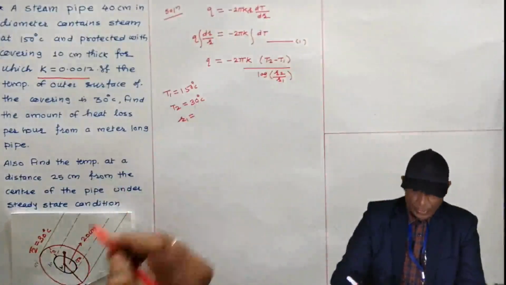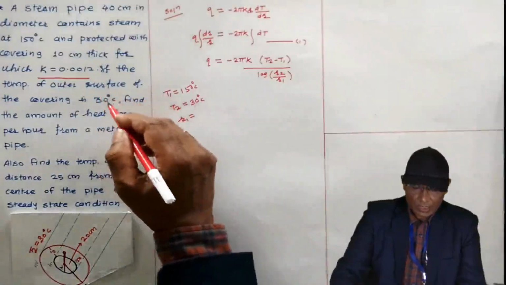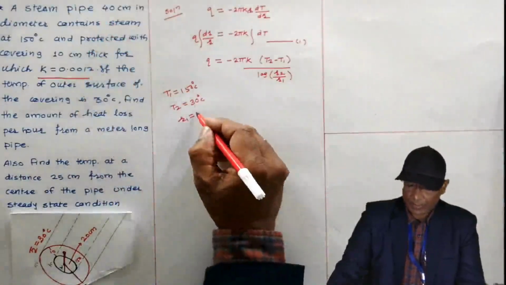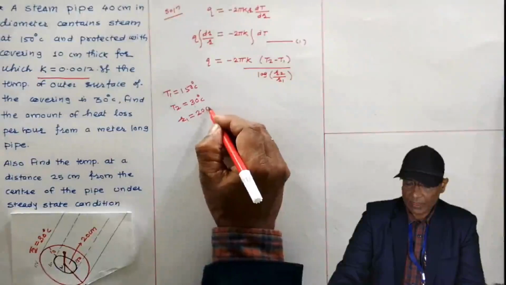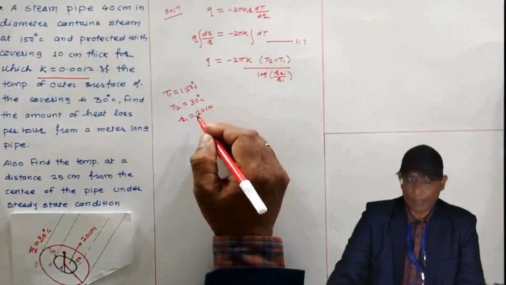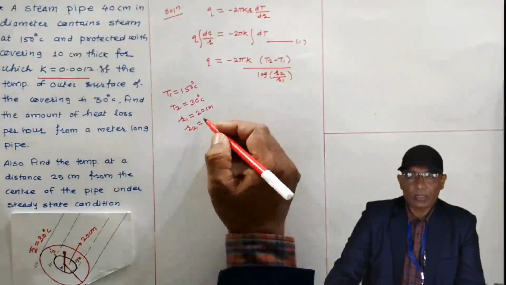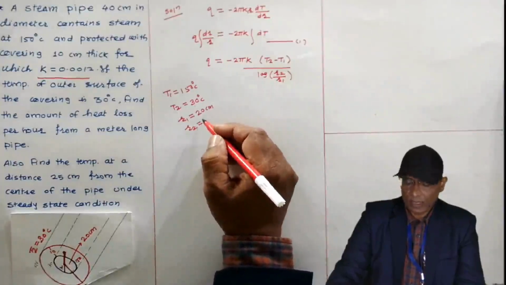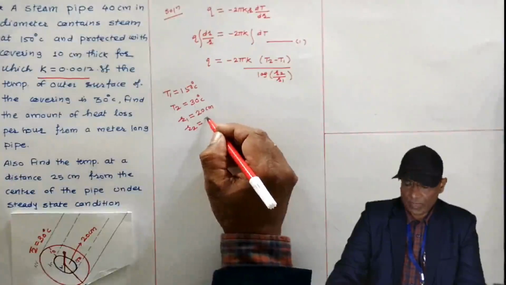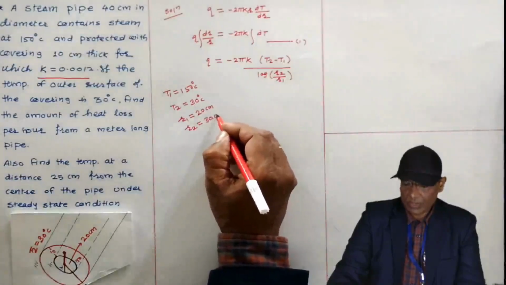What is the radius of the inner surface? It is 20 centimeter. Diameter is given, therefore radius is half of it, 20 centimeter. And the radius of the outer surface is what? Thickness is 10. 10 plus the radius of the inner surface is 30 centimeter.